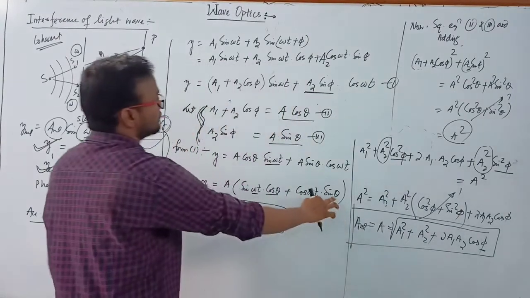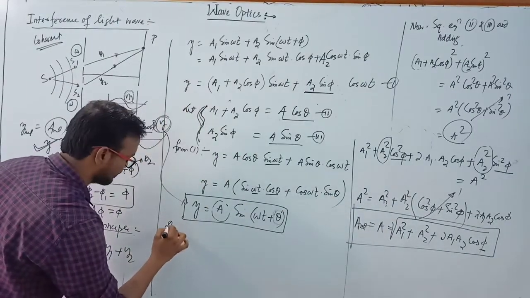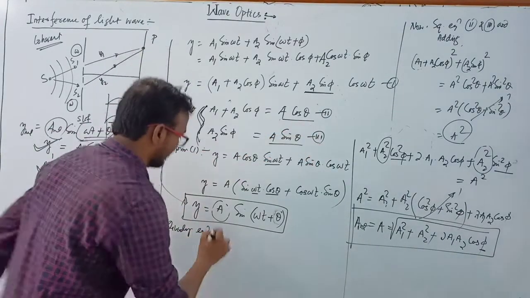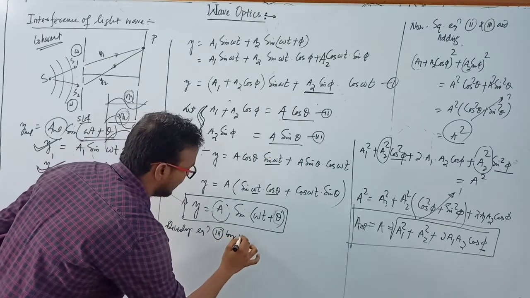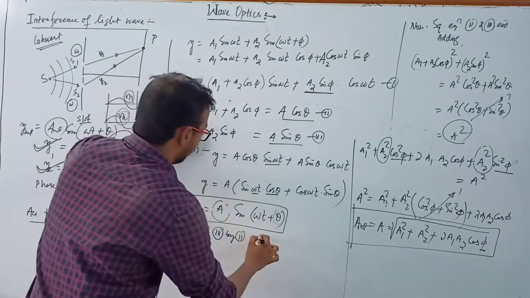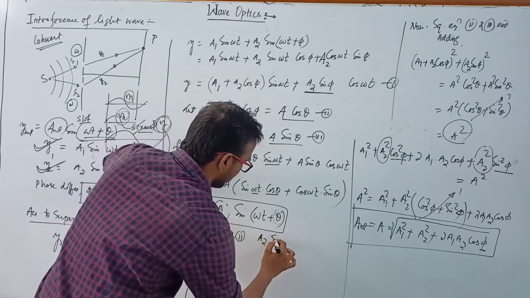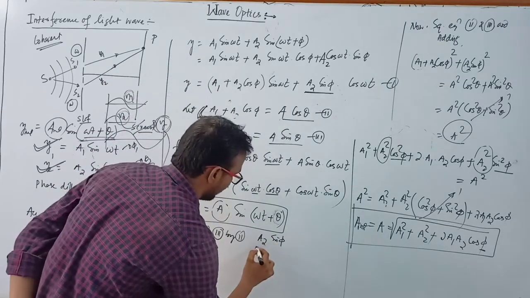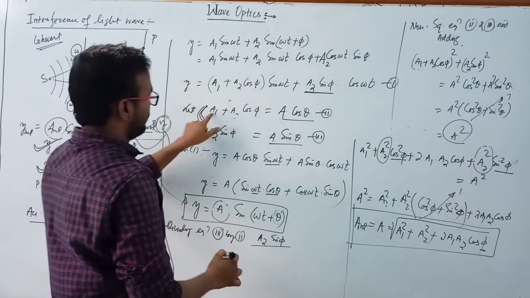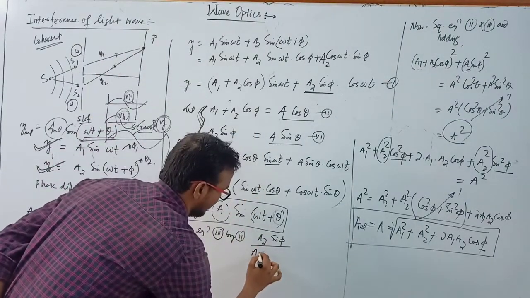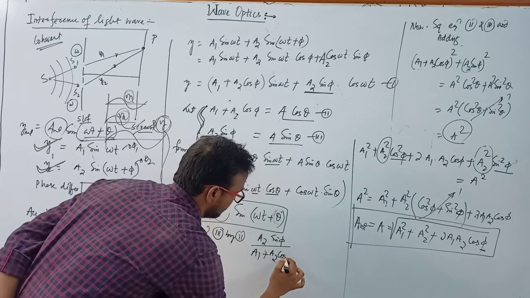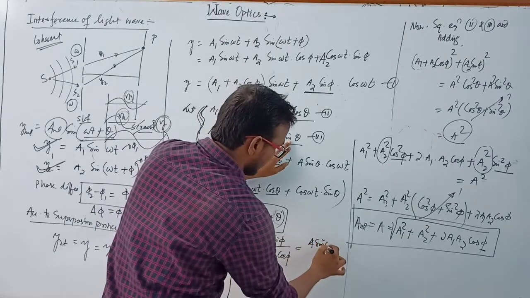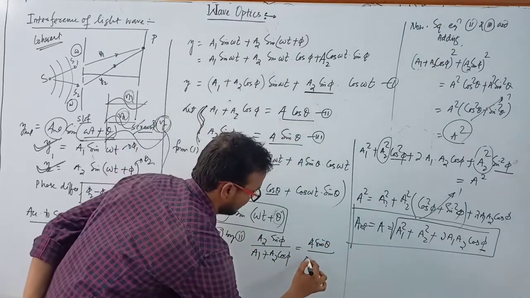Now we have to find theta. Now dividing equation 3 by equation 2. So we can write A2 sin phi divided by A1 plus A2 cos phi equal to A sin theta divided by A cos theta.